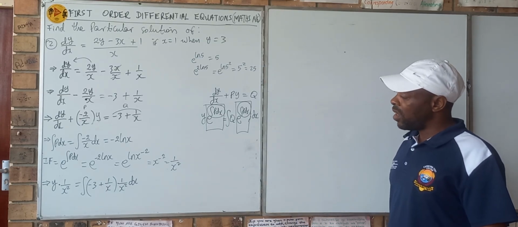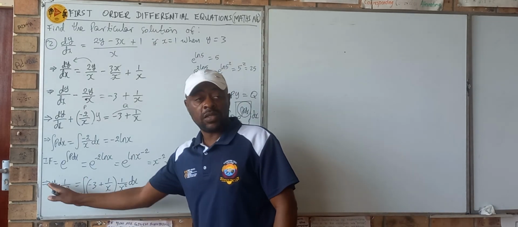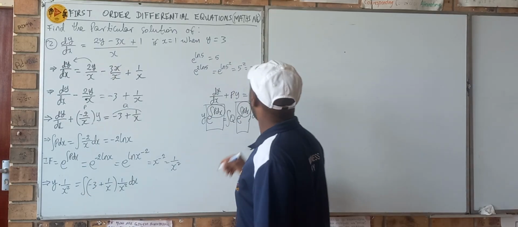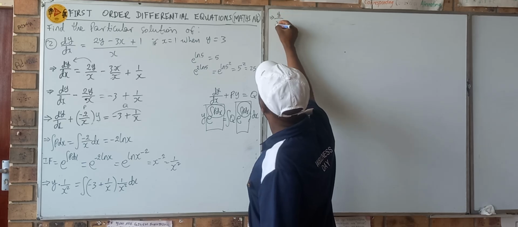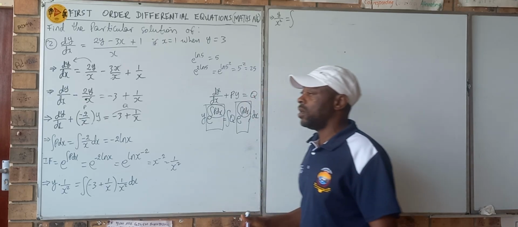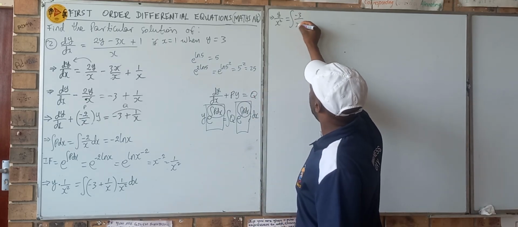So up to now, what we can conclude is that the left hand side is sorted. All we need now is to do the integral on the right hand side. On the left we get y on x squared is equal to, if I open the bracket on the right side, I'll get -3 on x squared.